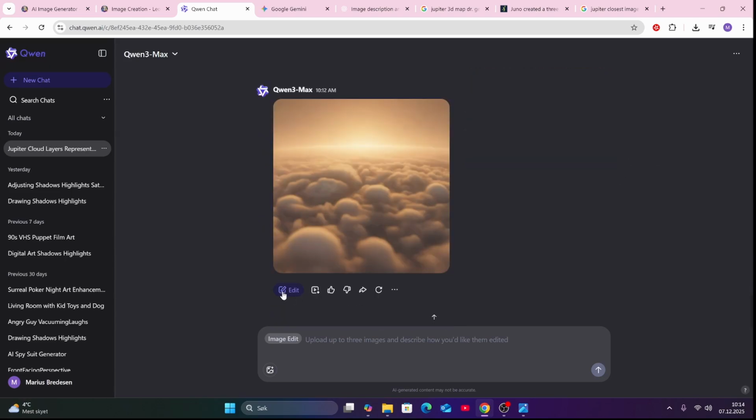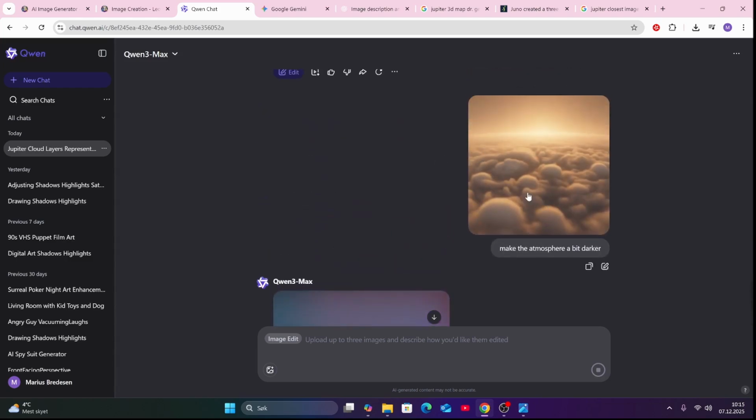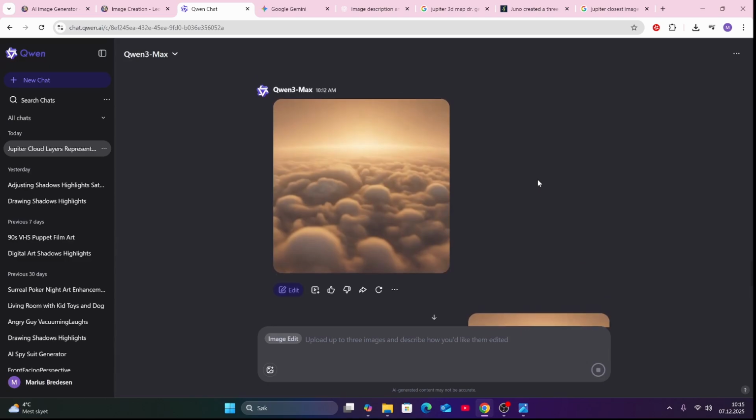And now we can say make the atmosphere a bit darker, because I mean we need to make a point of the fact that we're quite some distance away from the sun here.